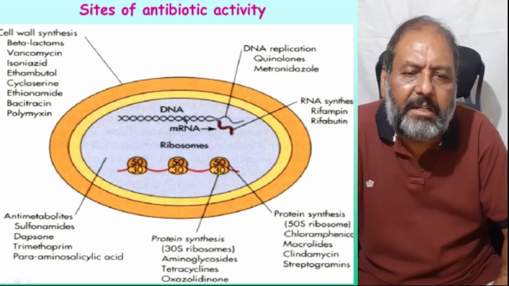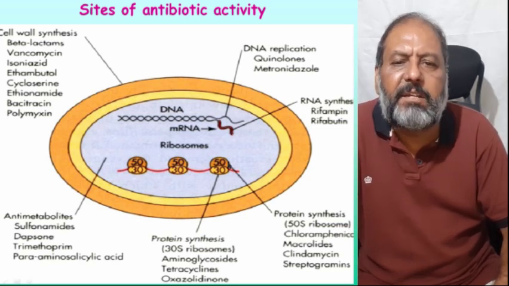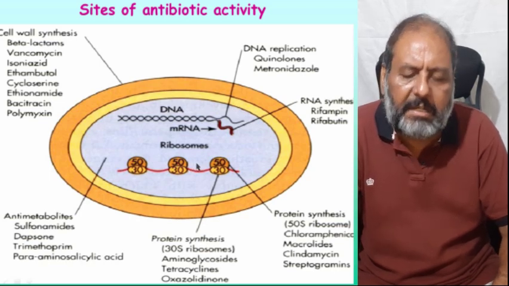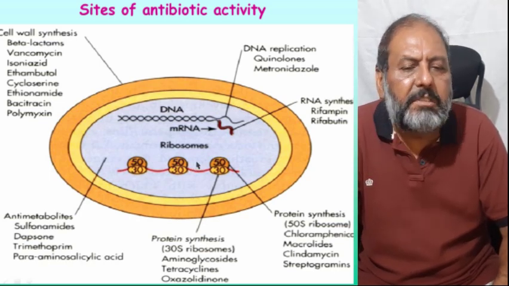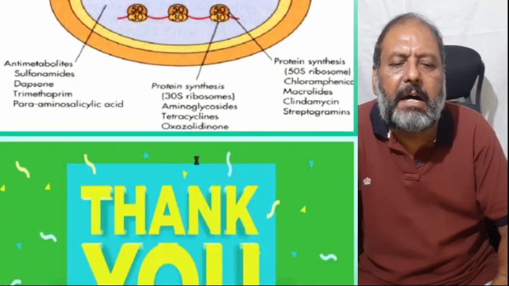Some are working on the DNA, some on the RNA, and the ultimate result is that they do not allow the cell to flourish and multiply, and ultimately make it lyse and die.